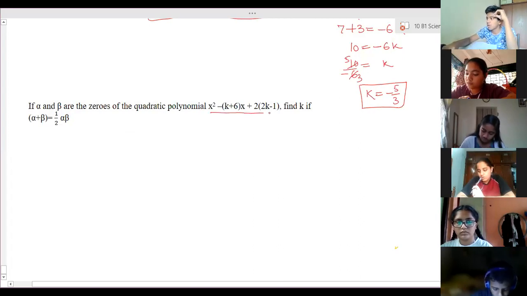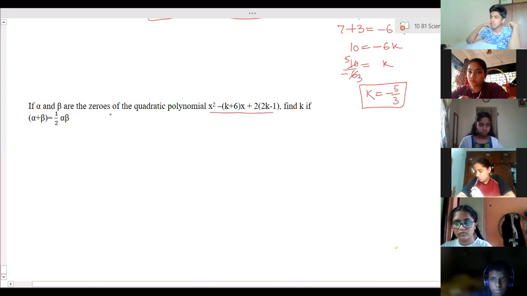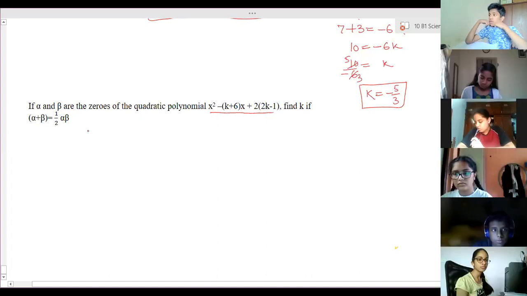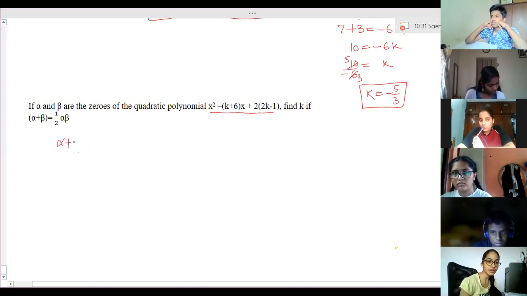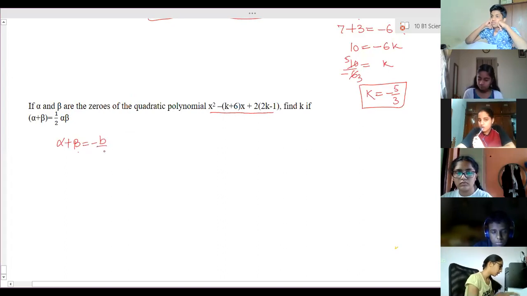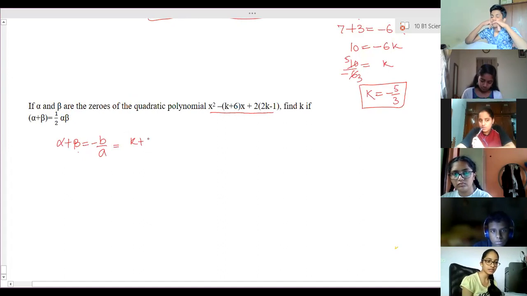Now what they have given here, alpha and beta are the zeros of the quadratic polynomial. Who has solved this question? Ritika, can you tell? Ma'am, we need to first find alpha plus beta, which is minus b by a, and we get k plus 6. That's right.